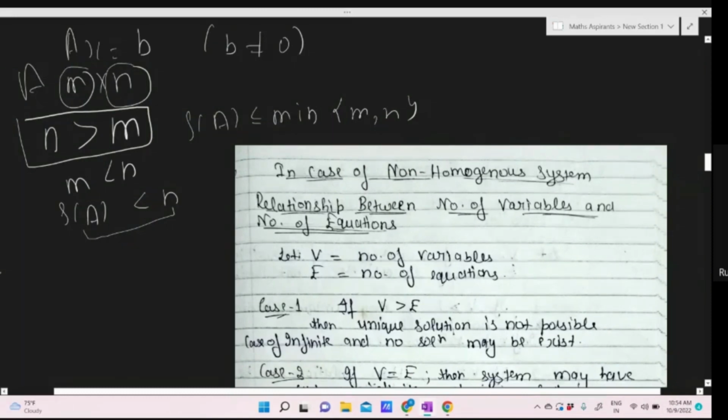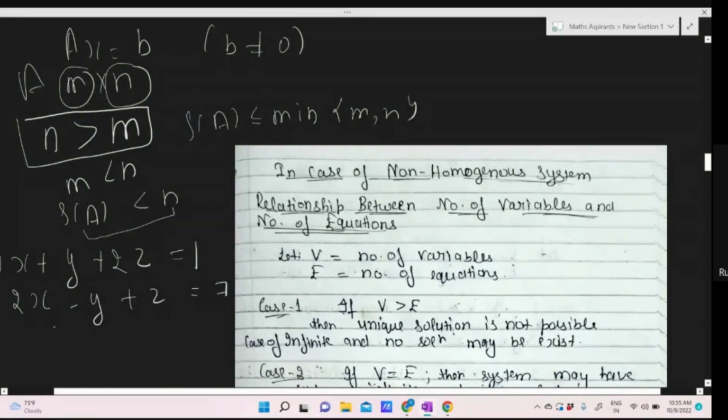For this, let us take an example. x plus y plus 2z is equal to 1, and the next equation is 2x minus y plus z is equal to 7.